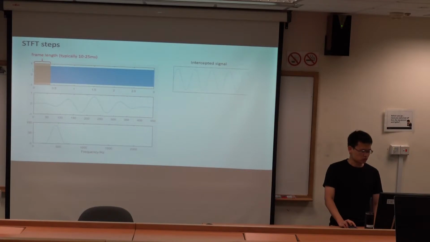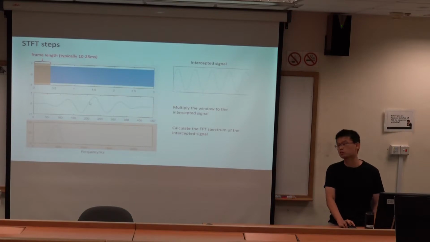So the signal in this frame will be like this. Then I add a window to this signal and do a DFT only to this intercepted signal.